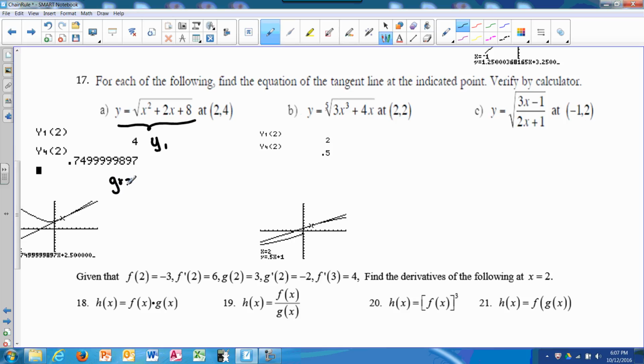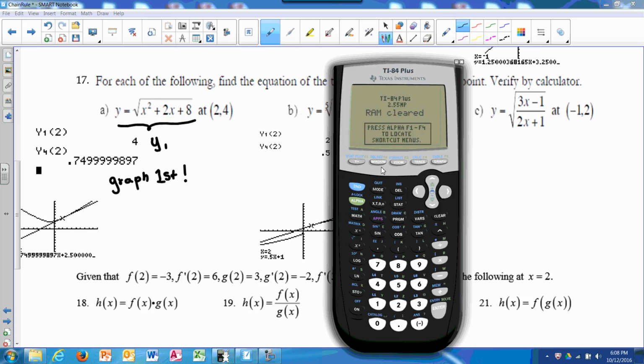Now for each of the following, it says find the equation of the tangent line at the indicated point and verify by calculator. So what I want you to do is to put this part into Y1 of your calculator. You're going to graph it first.